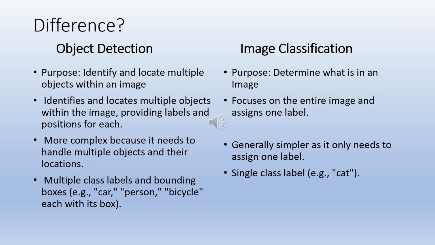If we only want banana and apple, it will only classify among all the images which is banana and which is apple. So in object detection we have to detect all the objects in an image, while in classification it depends on us which images we want to classify and which we don't.